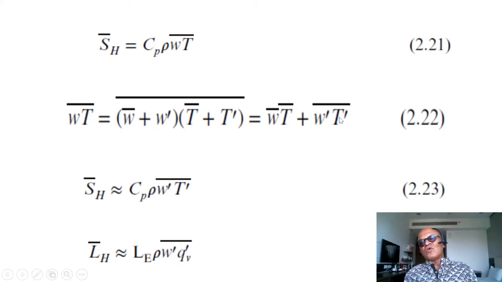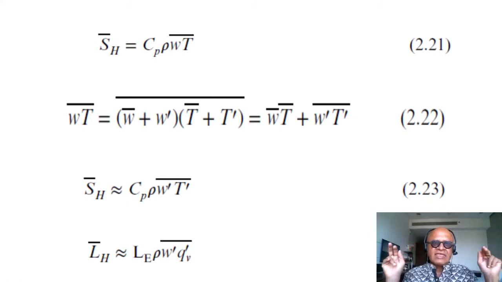So if there is a high correlation between W prime and T prime, then there is going to be a net exchange of heat, sensible heat in this case. So that's what we are looking for. S bar H is approximately going to be Cp rho times the average of W prime T prime. So these instruments which measure so-called eddy covariance fluxes, this is the term they're trying to measure. You can imagine the high speed processes that are needed to do that.